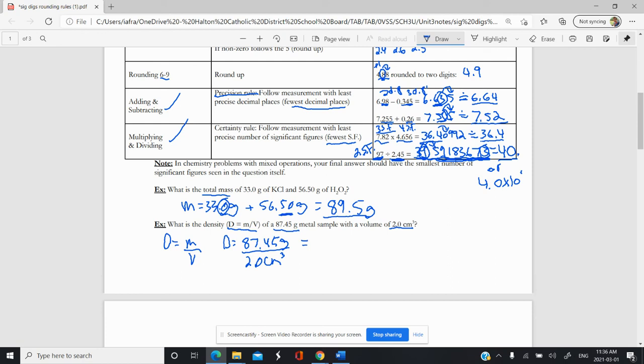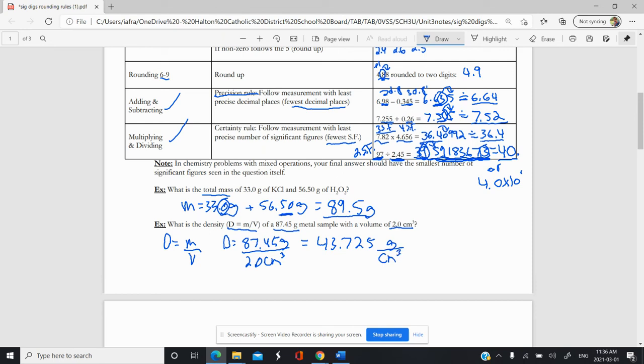And that's going to be, let's put that in our calculator, 87.45 divided by 2.0. We get 43.725 grams per cubic centimeter.